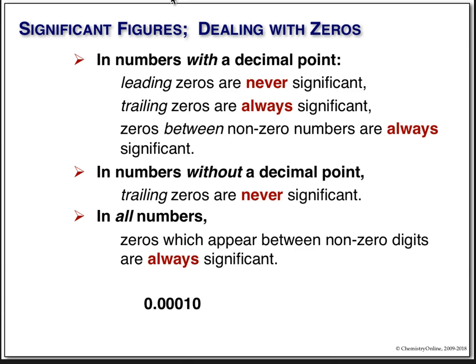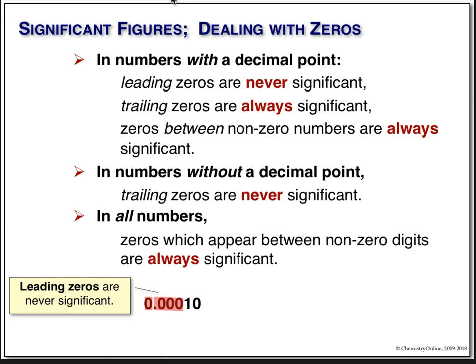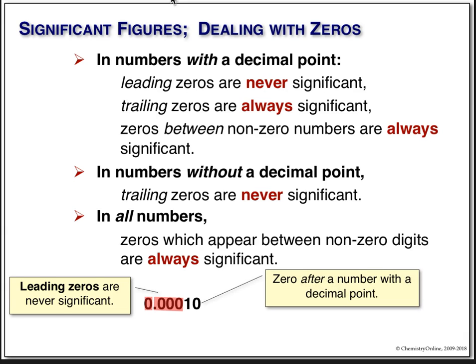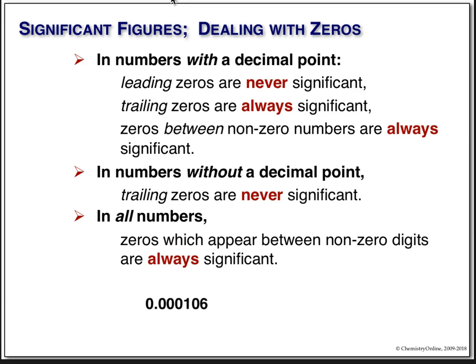Here we have 00010. We have a decimal point, don't we? But all the leading zeros don't count. Trailing zeros, however, do count. And we have two significant figures. Again, we have a decimal point.